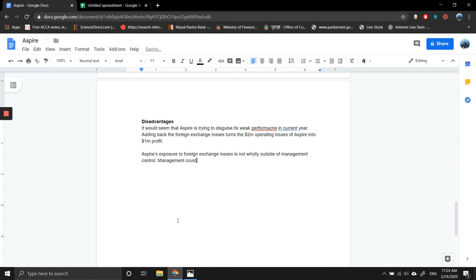Management could, for instance, enter into hedging arrangements to reduce their foreign currency risk exposure.